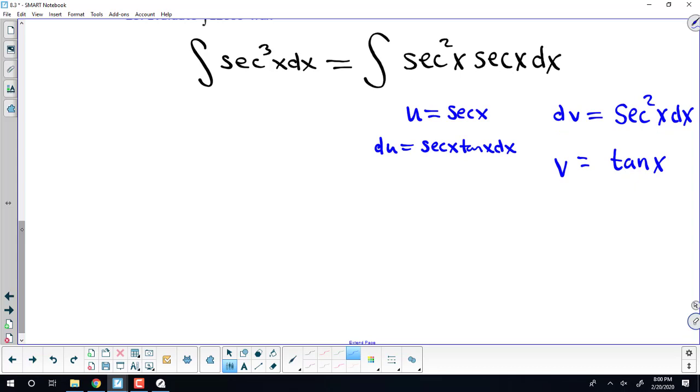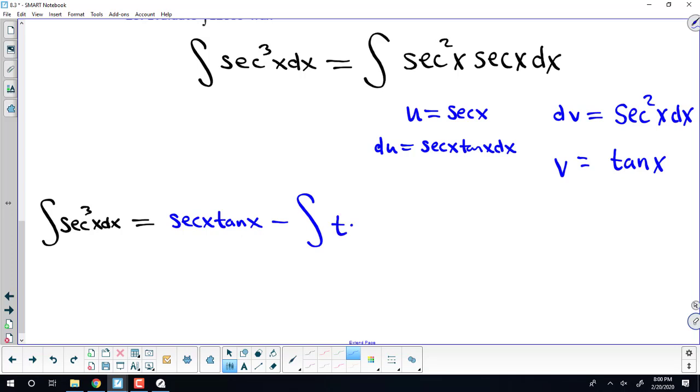Okay, so we're going to rewrite the integral here: secant cubed is u times v, minus the integral of v times du. So minus the integral of tangent squared, secant x.